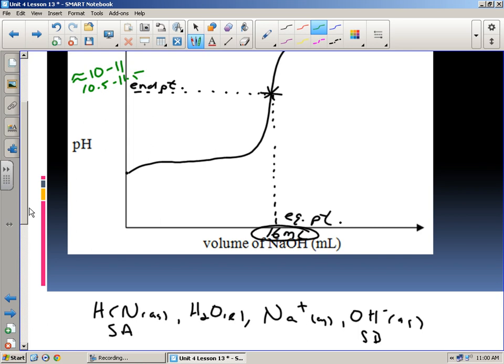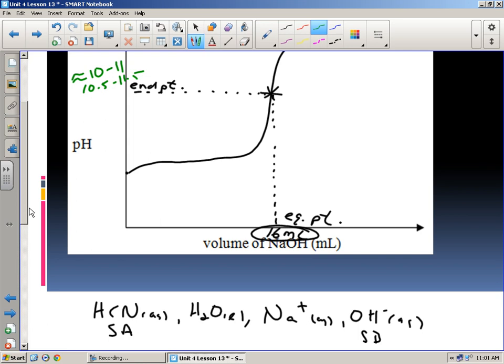Then, what indicator would be best suited for that pH range of 10.5, 11, 11.5, somewhere there? So what would that indicator be there? What would be a good indicator there, guys?